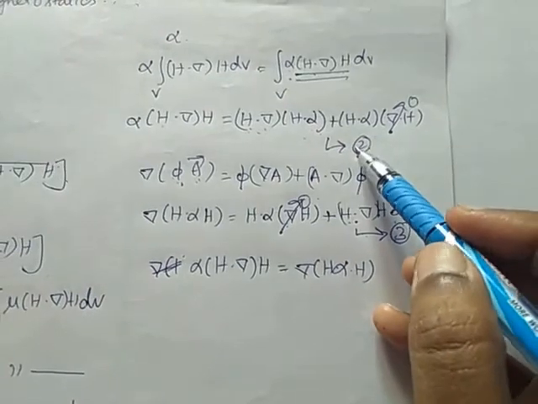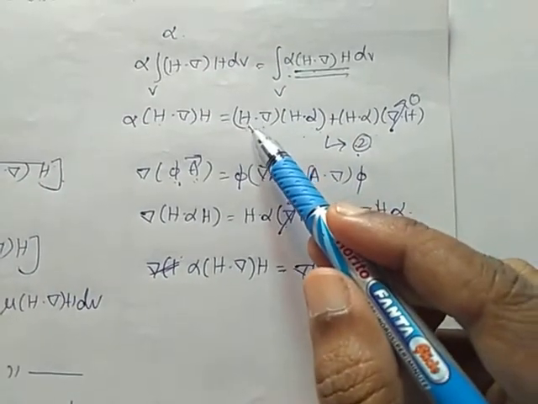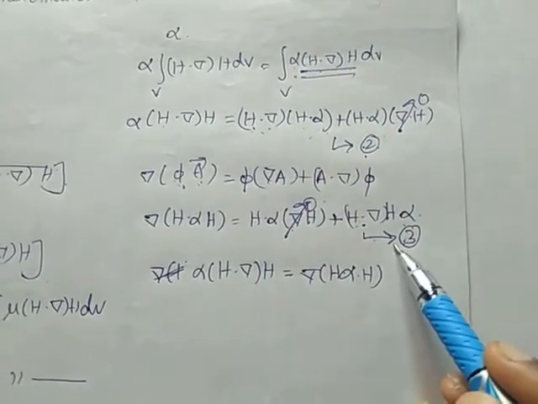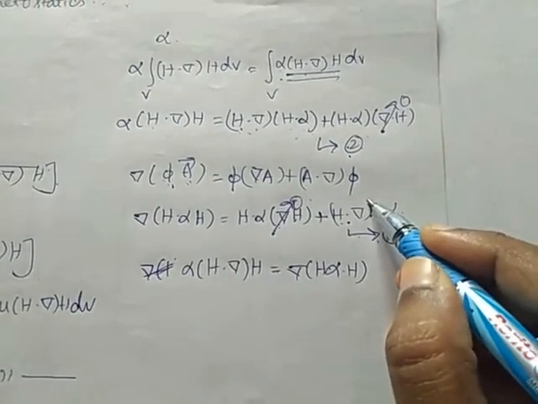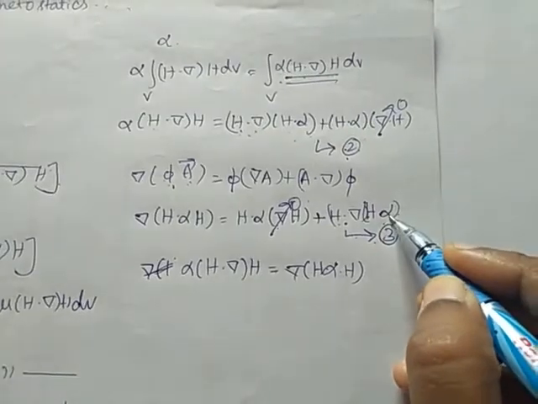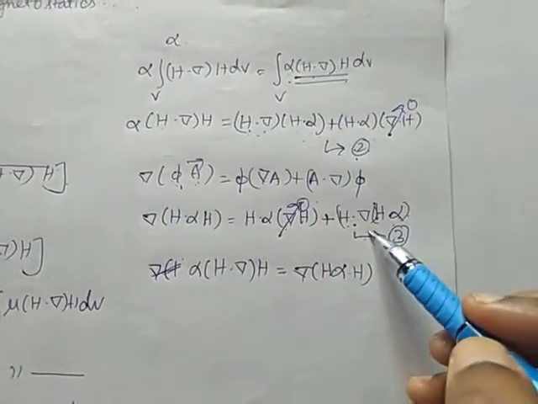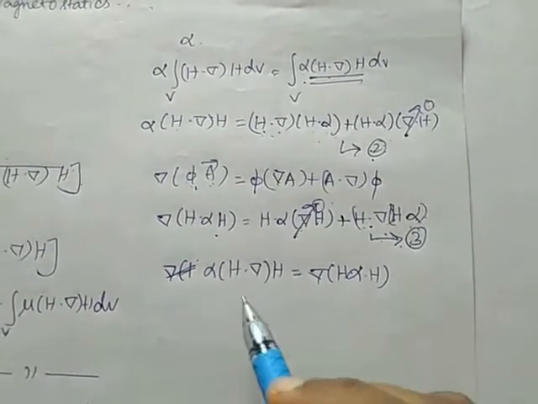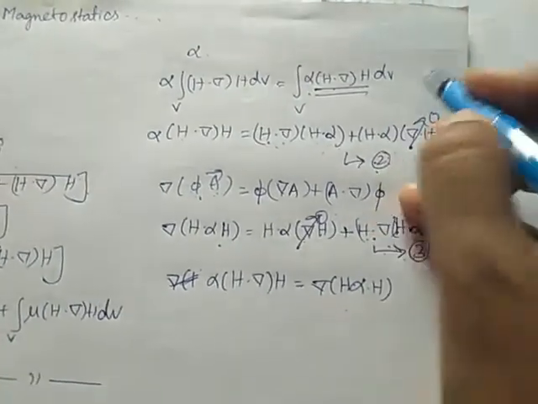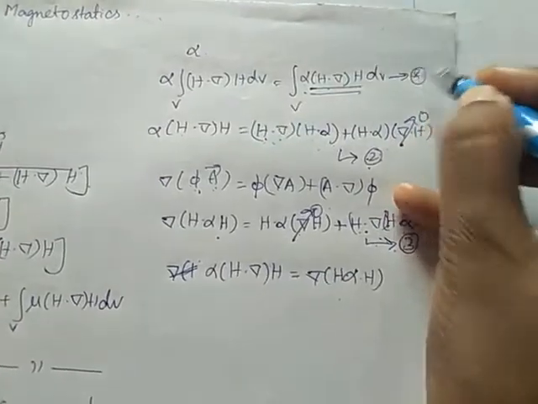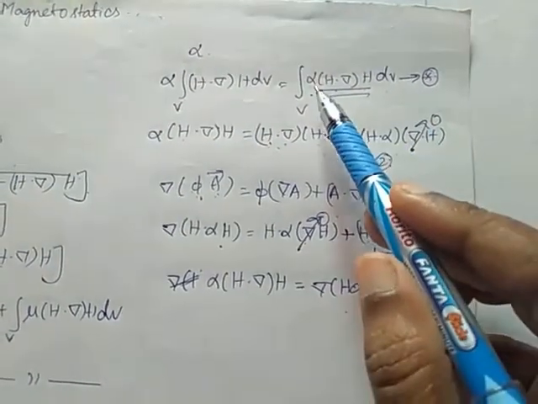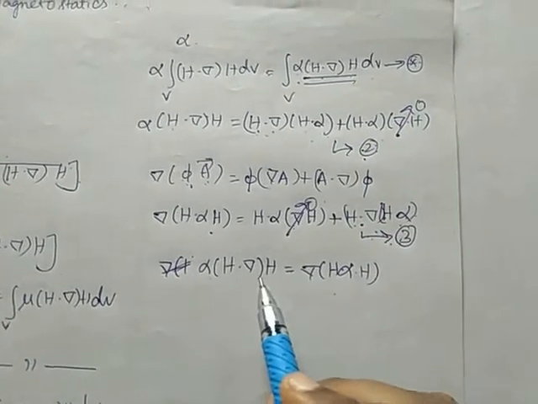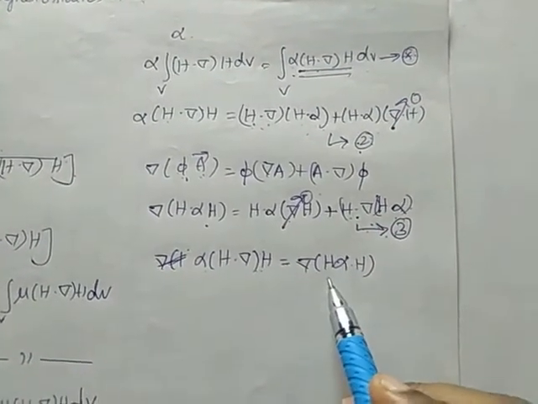See here, in equation 2 the RHS is h dot del into h dot alpha. Equation 3 also has h dot del into h dot alpha. So the RHS is the same, therefore the LHS should be equal. Therefore from 2 and 3 we will get this equation. What is this integral? I'll take this as star. In this equation we have alpha h dot del h, that is del of h alpha h.